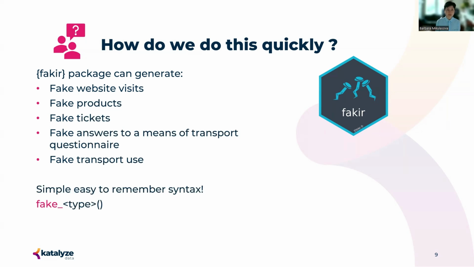Just like the previous package, Fakeyear also has a very simple syntax to follow. The function calls start with the word fake, underscore, and then the type of the dataset which you want to generate. While these datasets are very general and may not suit everyone's needs across all industries, they are still a great help when we want to test the data, filters, or application designs quickly.